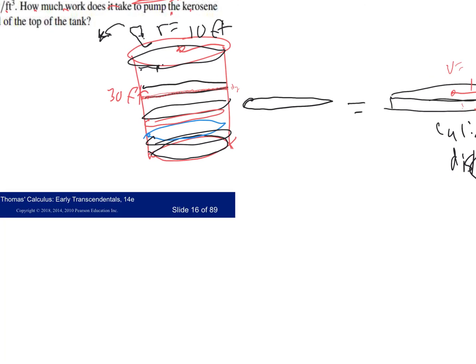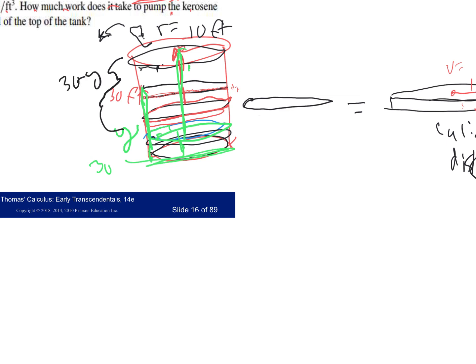So this paper plate takes more work to pull it up than this paper plate. Why? The distance is more. Remember what we're always counting. This is a distance of 30 starting down here. The distance to this paper plate is a y value again. So the distance from the top to the y value will be 30 minus y.